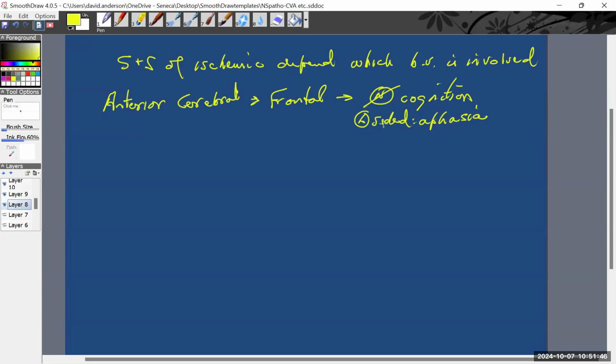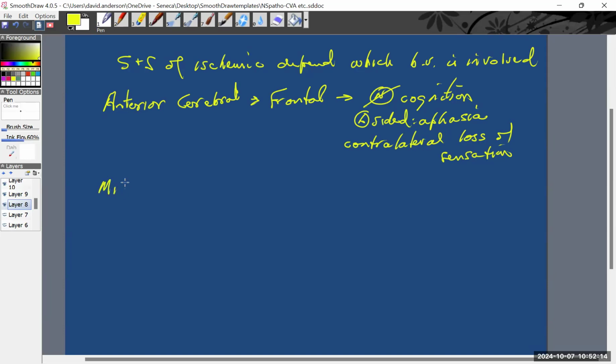Remember, the right side of the brain is responsible for sensation on the left side of the body and vice versa. So there's going to be a crossover. The fancy word for being on the opposite side is contralateral loss of sensation. So these are responsibilities of the anterior cerebral artery.